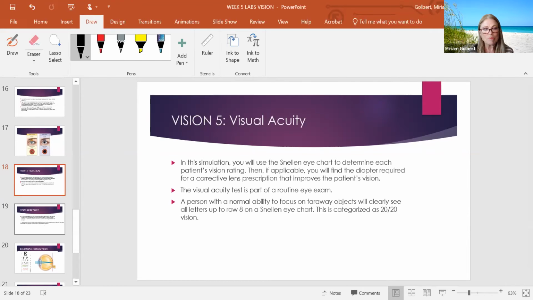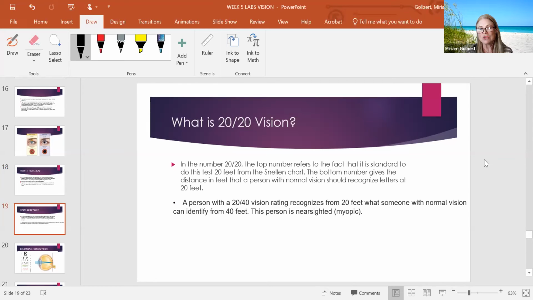So the whole point of this is that you should be able to form the image on the retina. You can't see things very accurately if the image is formed in front of the retina, or if the image is formed back of the retina. And that has to do with your vision, right? So somebody that has perfect vision, you say, oh, that person has 20/20, okay?